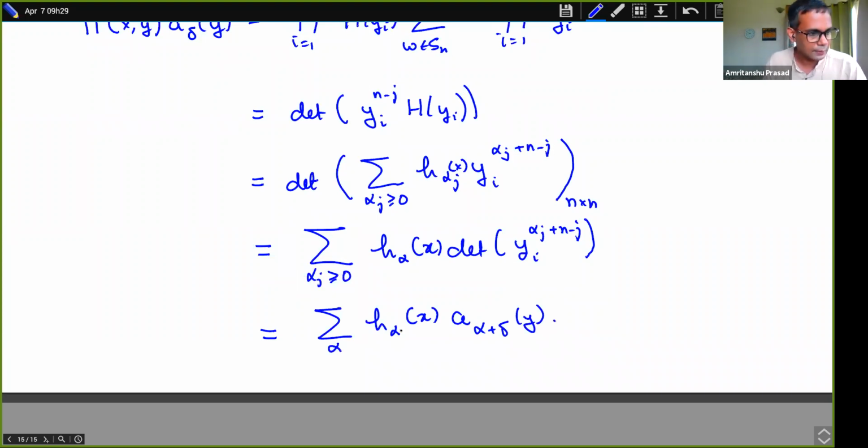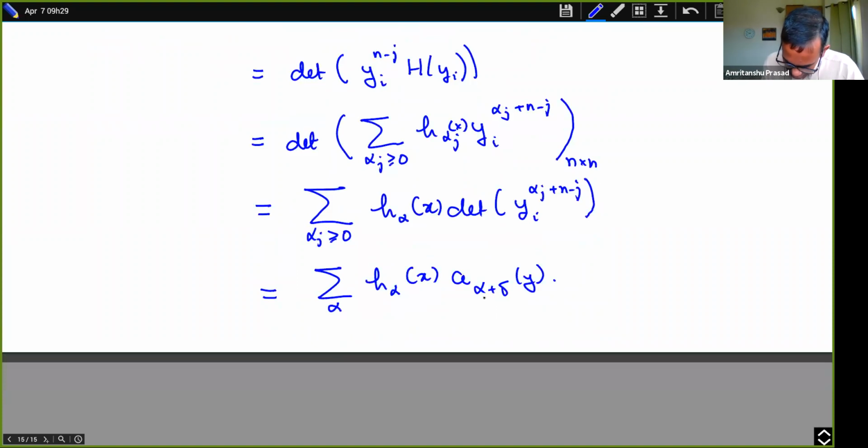So that's the expression. Alpha is not a partition; it's running over all tuples of non-negative integers, all integer vectors.